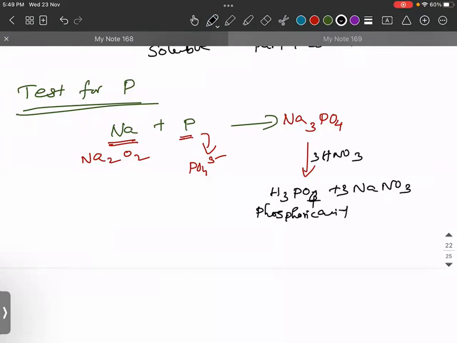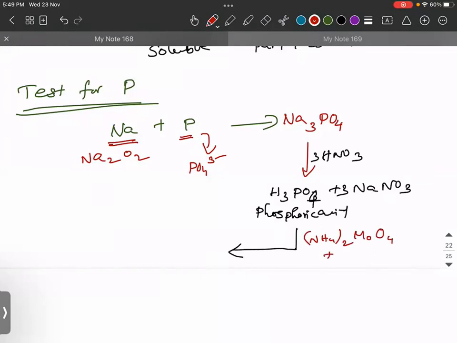This phosphoric acid, when treated with ammonium molybdate, you add HNO3 and then add ammonium molybdate. The ammonium molybdate formula is (NH4)2MoO4.